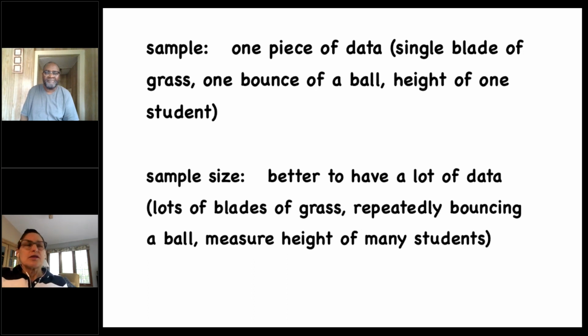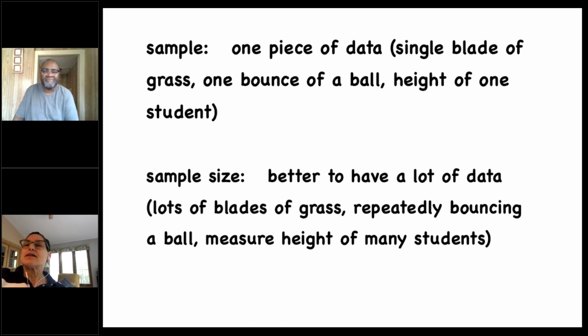If you take the ball and bounce it many times and record it, you're going to have a lot more information about how high a ball bounces. You can't just say that from one bounce. Measuring the height of many students in the 4th grade, and then you can do an average if that's what you're looking for. Okay.